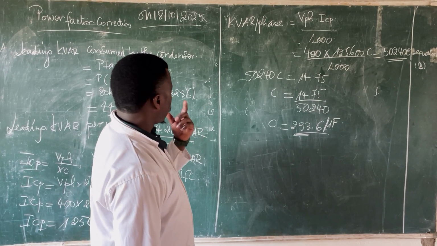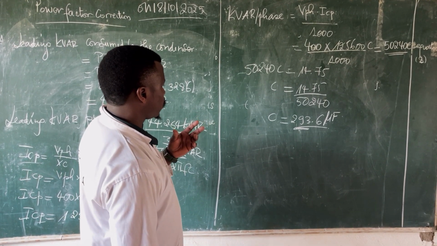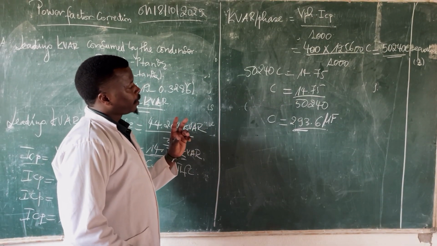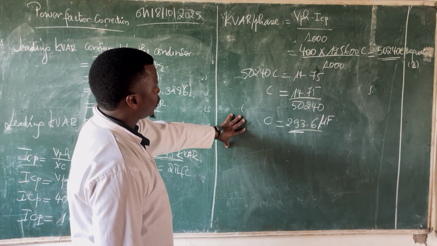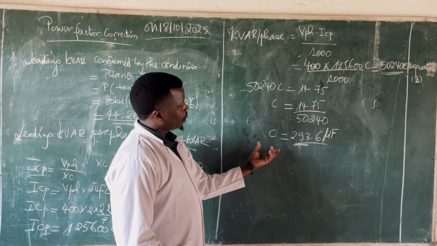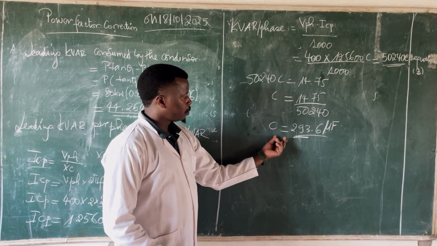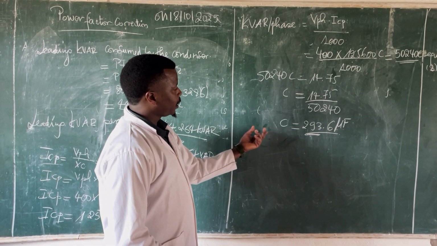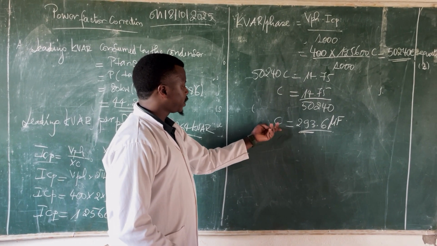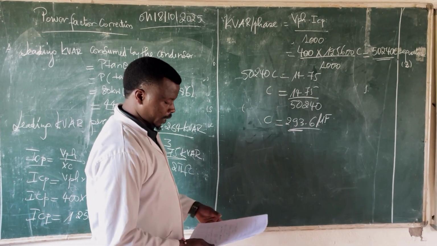Four identical capacitors put in series will provide the required reactive power that we consume. So to get the required value, we have to take the single unit times the number 4, as it will be in series.